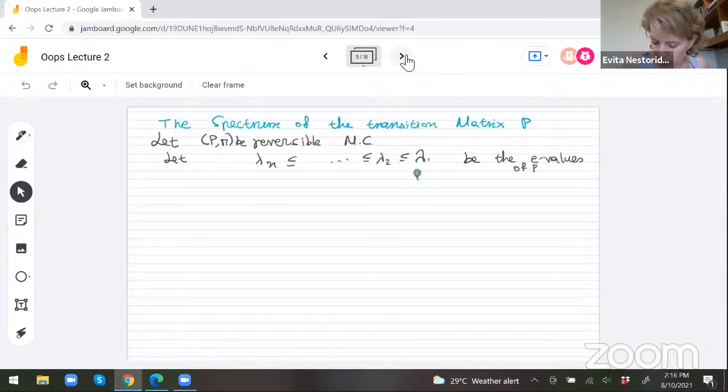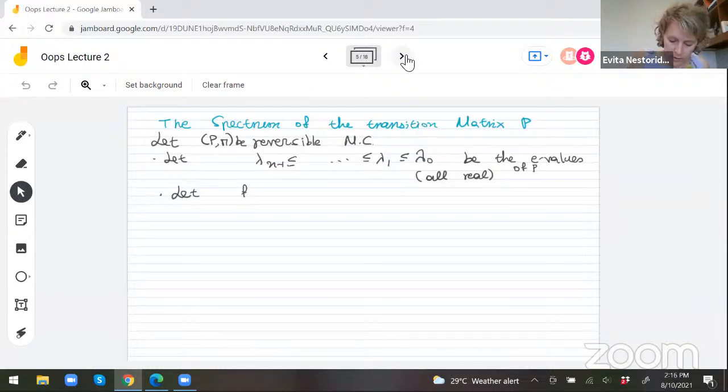We know they're all real because I explained already that this P is basically symmetric by doing this transformation. Let me be consistent with my notes and start from 0 here.